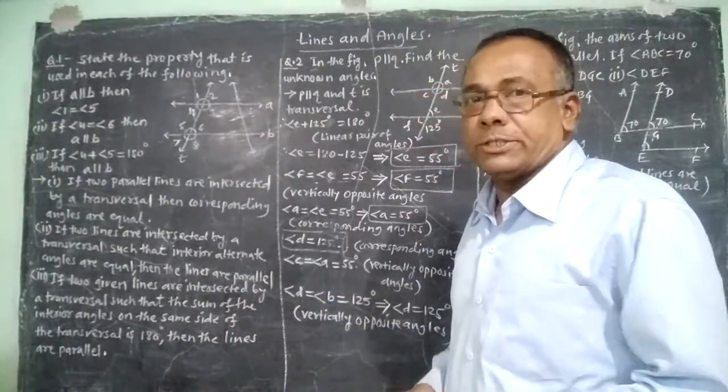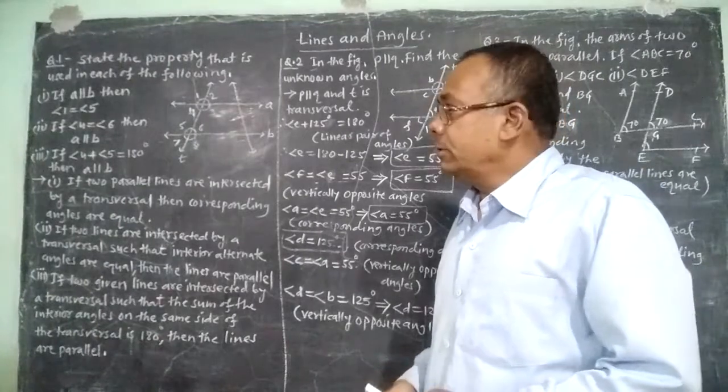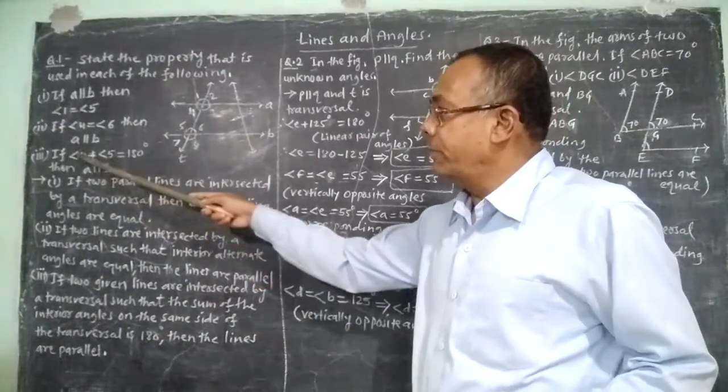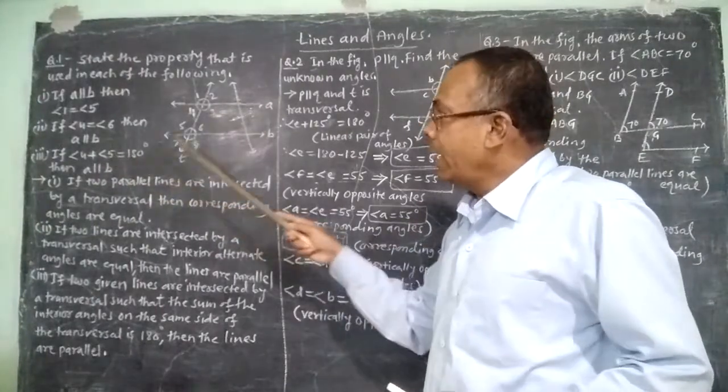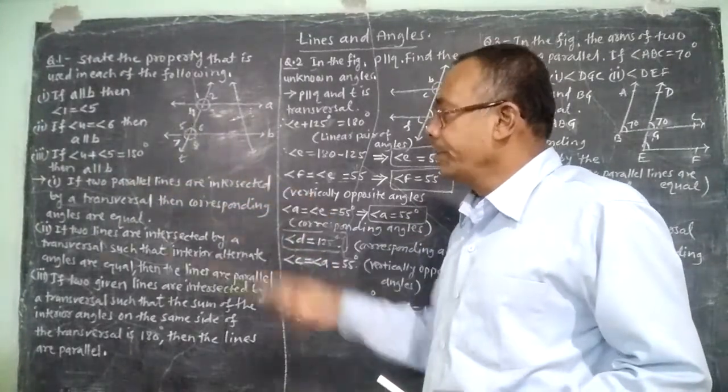Now we will see the third question: if angle 4 plus angle 5 is equal to 180 degrees. Angle 4 and angle 5.